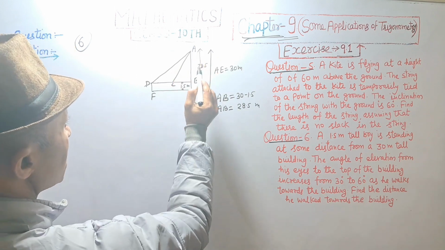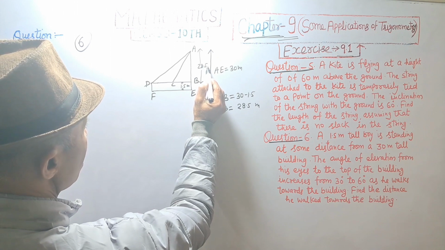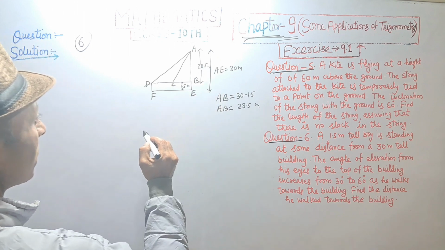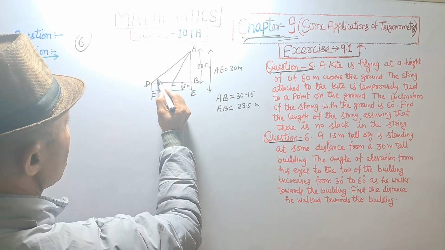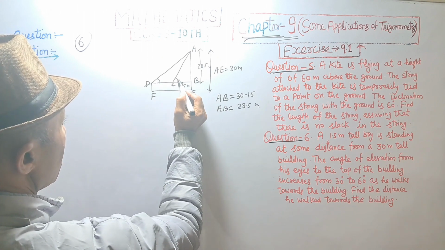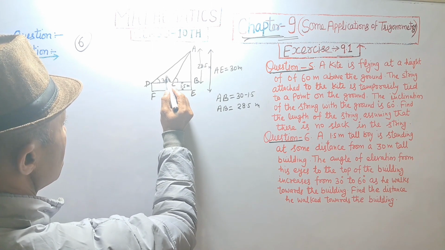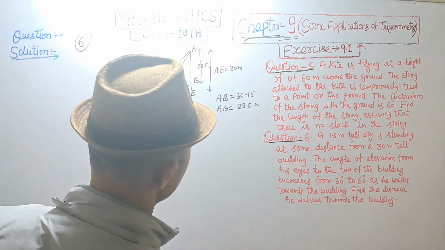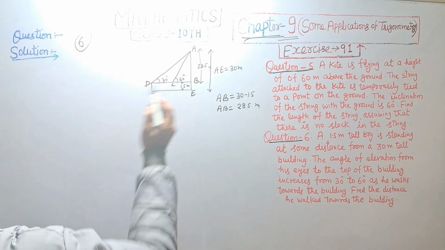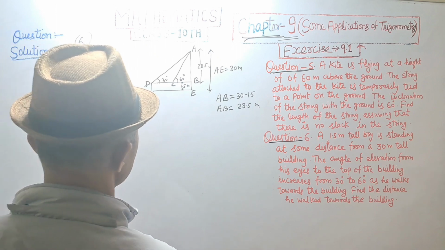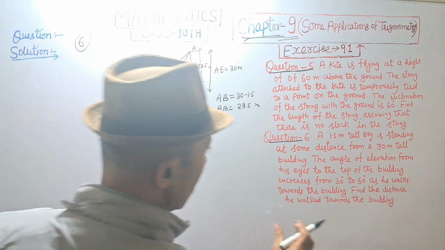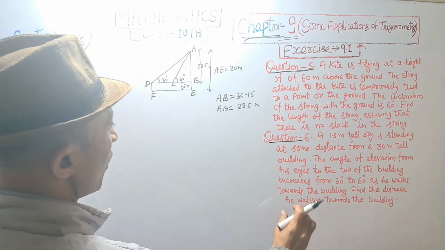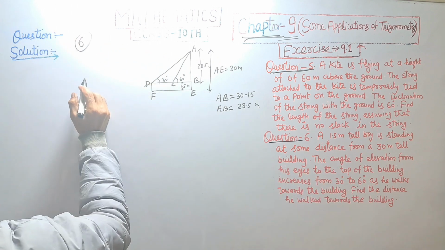We get AB is equal to 28.5 meters. And the angle goes from 30 degrees to 60 degrees, the angle increases from 30 to 60, and we find the distance he walked towards the building.